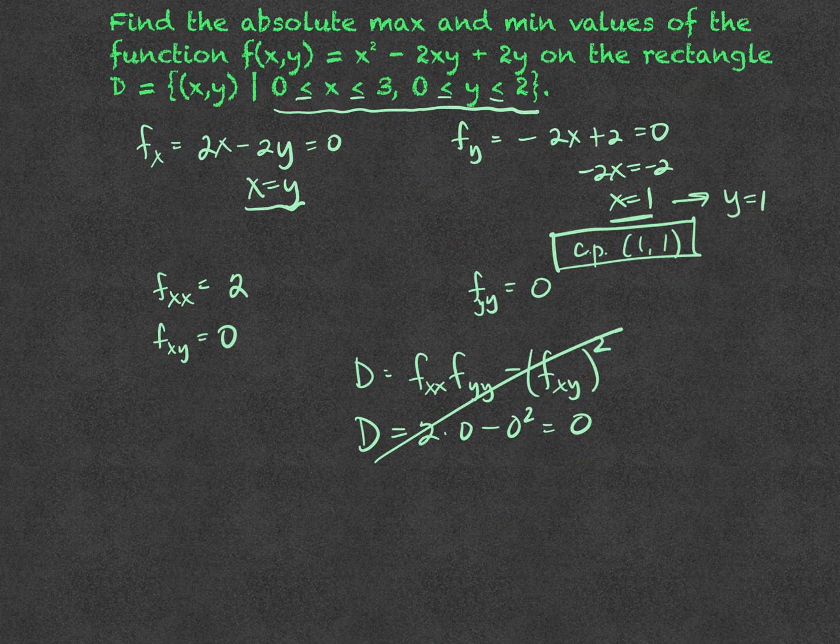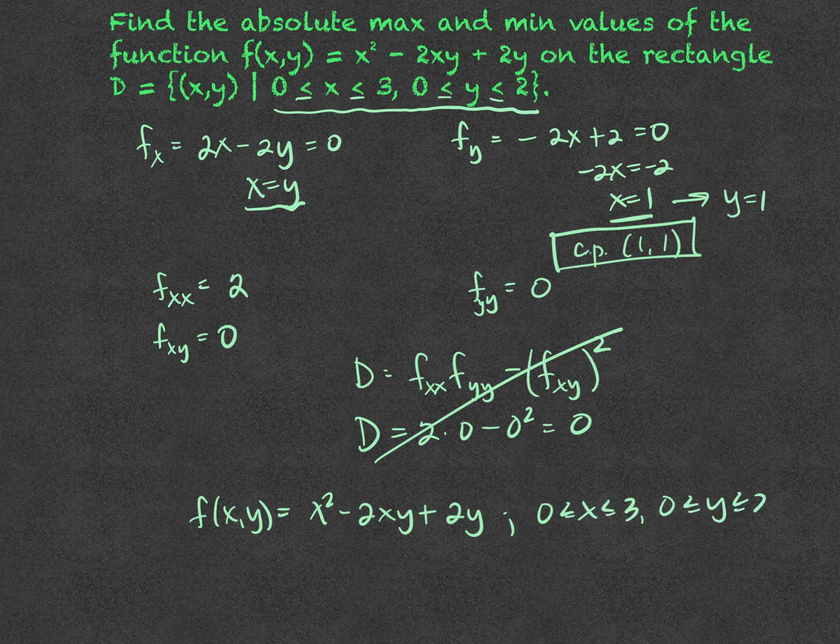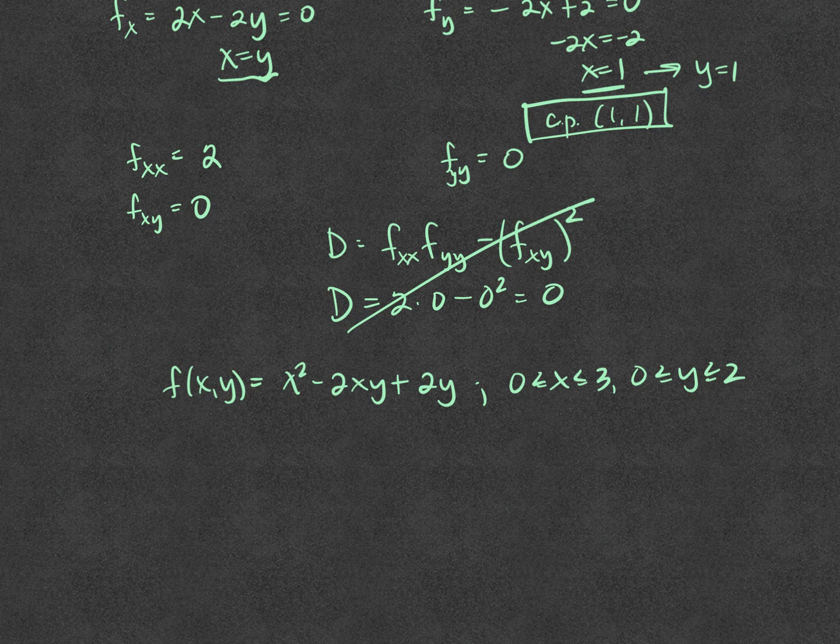All right, so if you think about what we're doing, we have a critical point at 1, 1. So we're going to say f of x, y equals x squared minus 2xy plus 2y. This is our given equation, and we have x between 0 and 3, and y between 0 and 2. Our critical point is 1, 1.